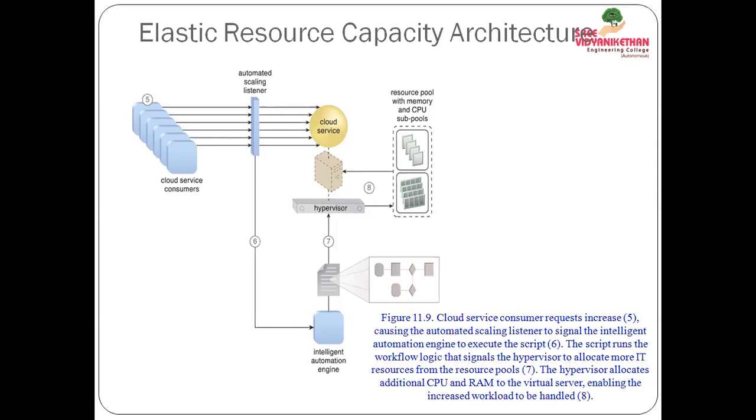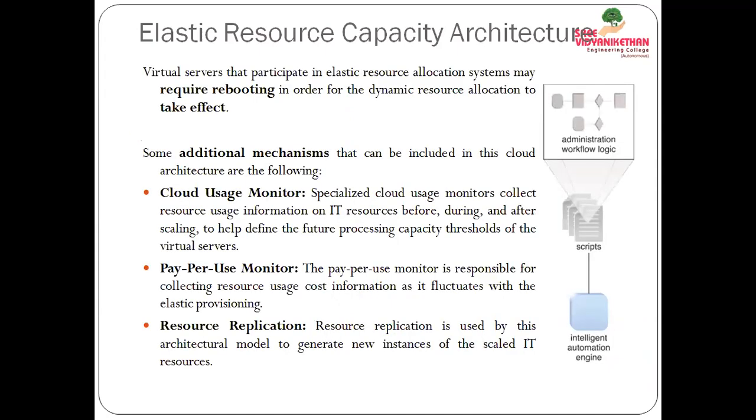You got it, okay. So I hope I'm clear in explaining the difference between dynamic scalability architecture and elastic resource capacity architecture, how exactly these two differ, why these two architectures are needed, and why these two architectures are categorized under fundamental architectures.